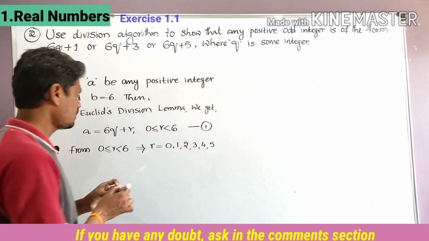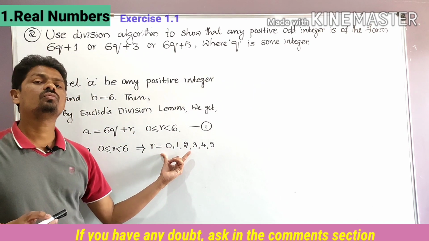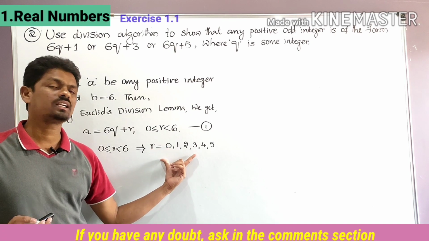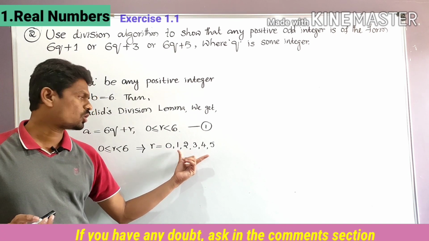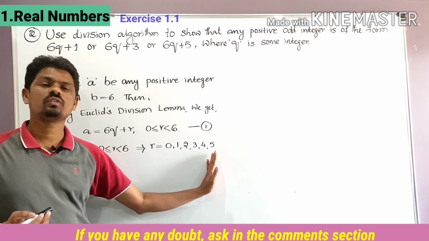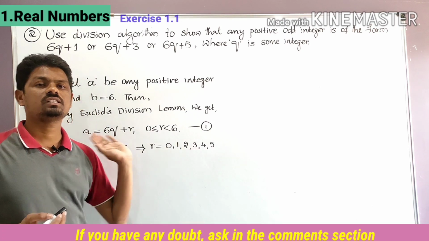So these are the possible remainder values when you divide a positive integer by 6.